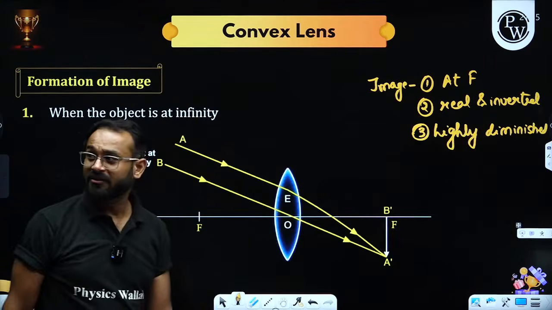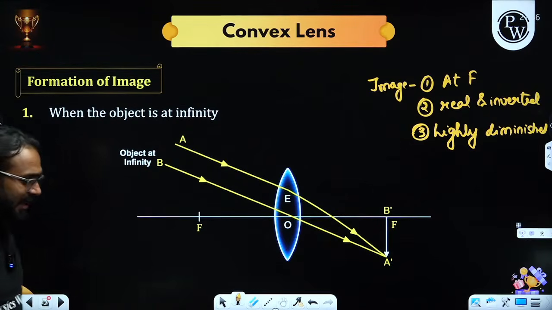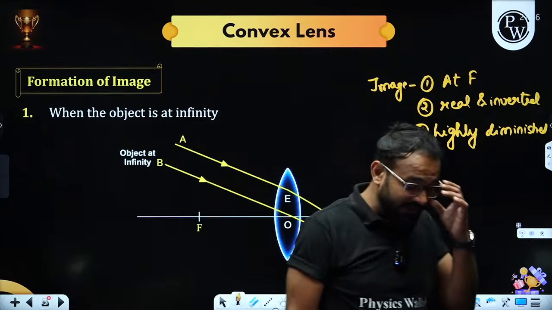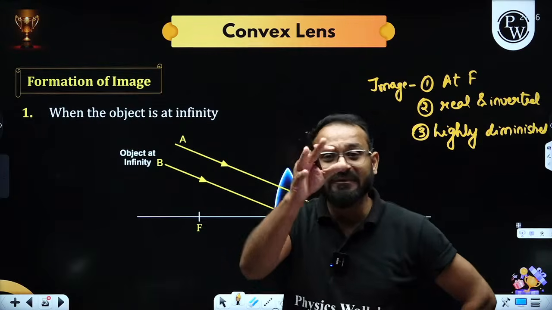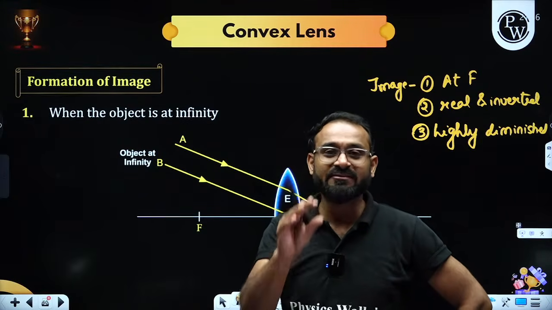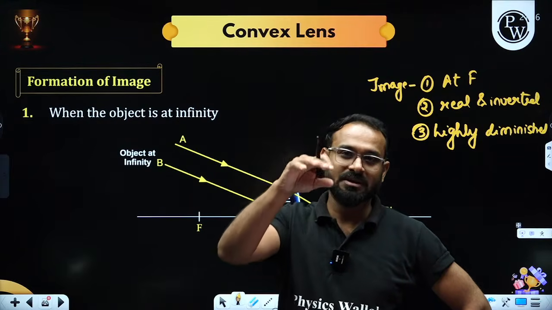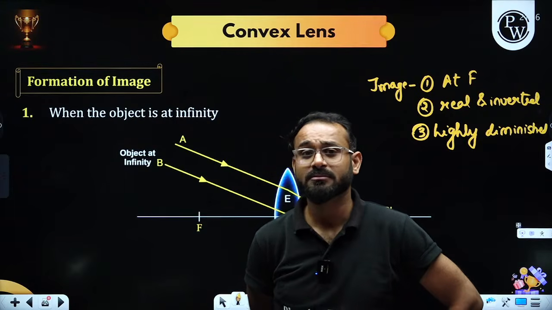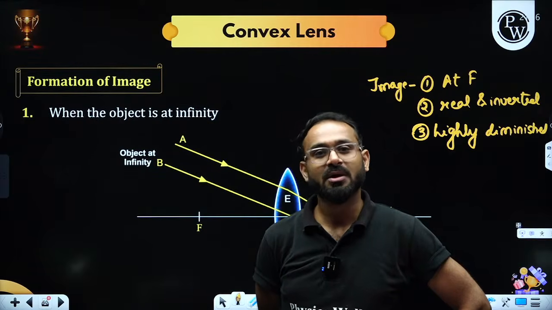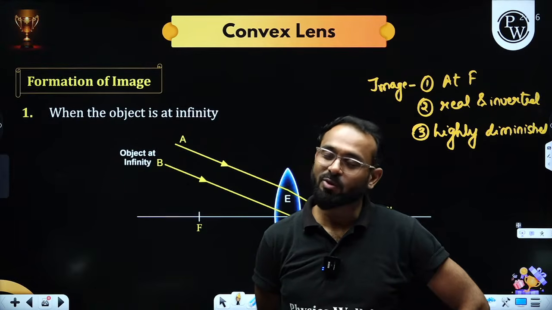Clear? First case. According to the new NCERT, it is debatable that the image will not form, but ultimately you will have to place some value. If the object is placed at focus, and you solve the numerical, what value will you obtain? You will get 1 by 0, and 1 by 0 in mathematics is known as infinity.